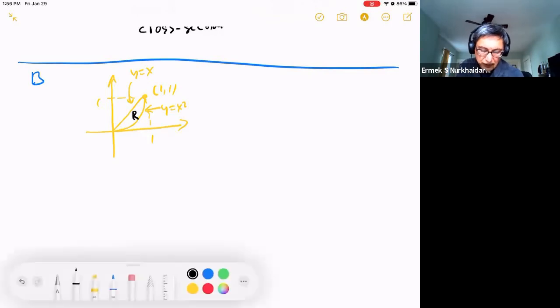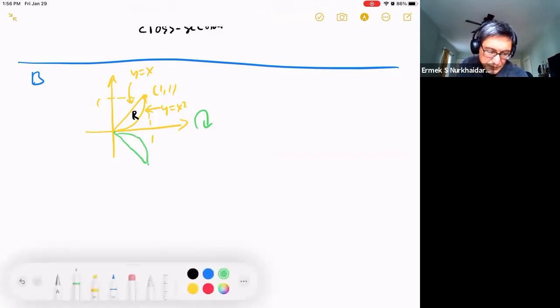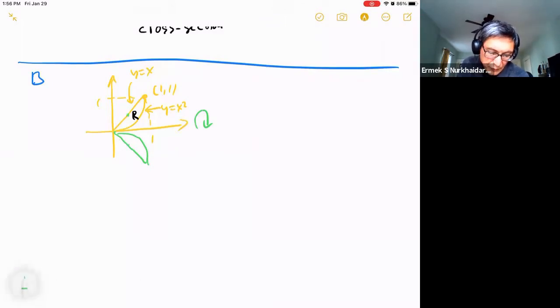And now we're rotating that region around the x-axis. So if you're rotating it, we are going to draw a copy on the other side, and then connect opposite edges, this one and that one, to get an idea how the object is going to look like.